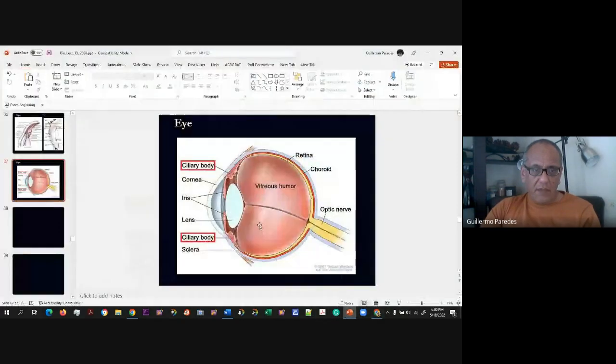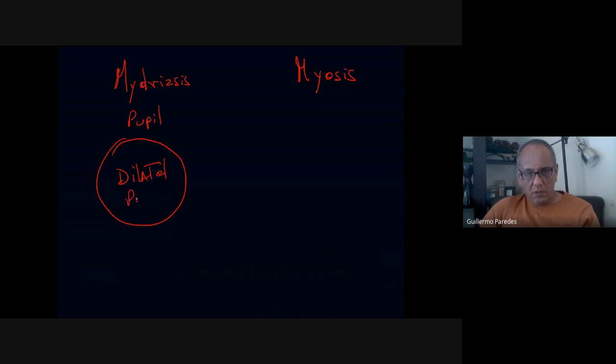So we have here the mydriasis, and the miosis. Mydriasis is when the pupil is dilated. And the pupil in miosis is going to be very narrow. It's going to be constricted. Okay with that?